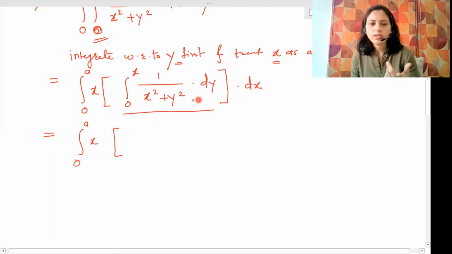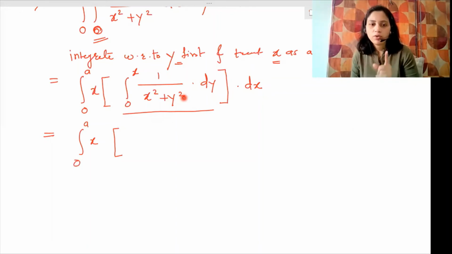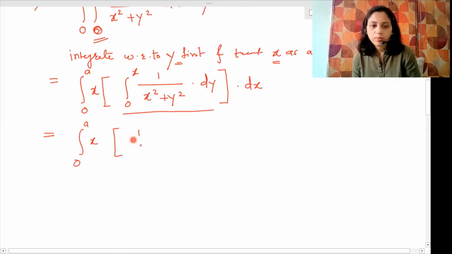Now we are going to integrate this bracketed quantity. In 12th standard you must have come across this formula: integration of 1 upon a square plus y square with respect to y. In that case, what is the integration? 1 upon a tan inverse of y by a. So here 1 upon x, because x is constant here, into tan inverse of y by x, and the limits are from 0 to x, dx.